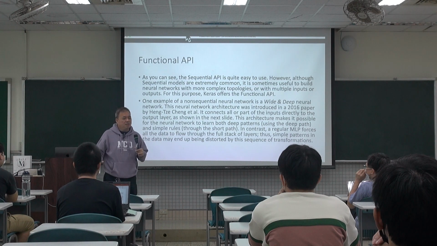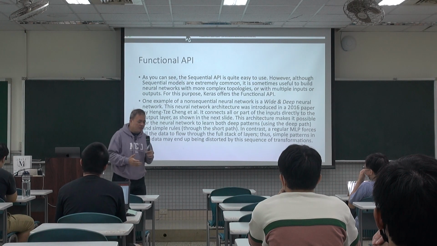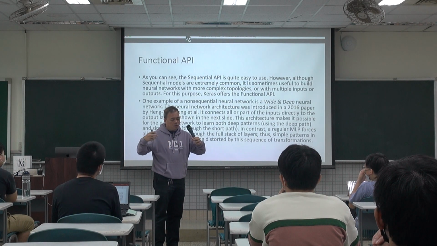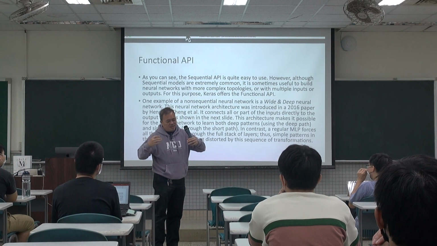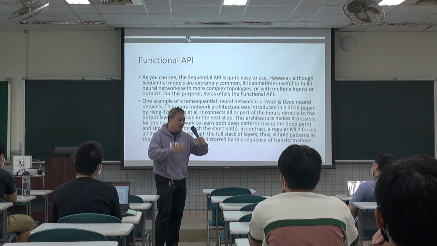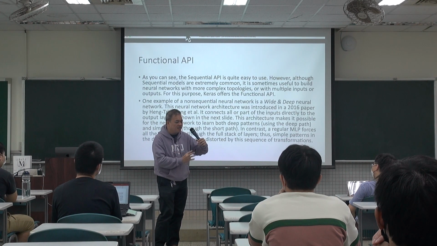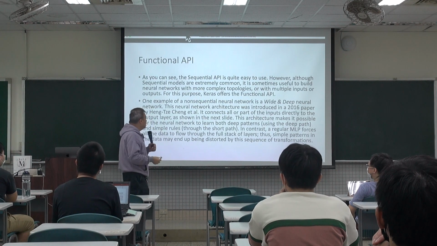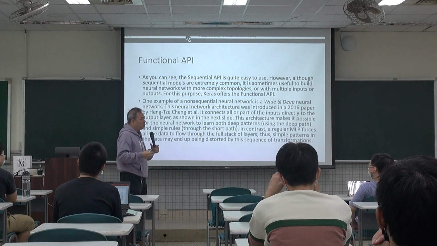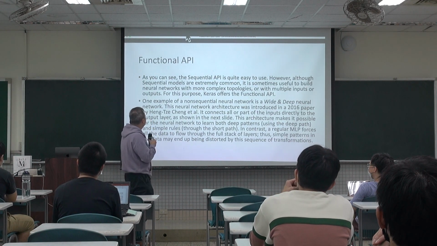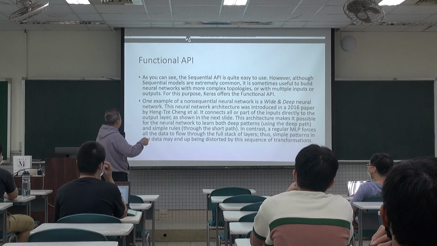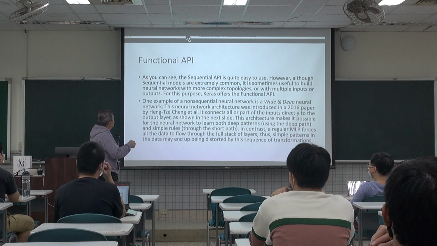Of course, sequential data is able to do that. I'm talking about when you have two sets of inputs. One set goes through one path, the other set of input goes through the other path. And for this type of more complicated model, Keras provides the functional API to deal with that.